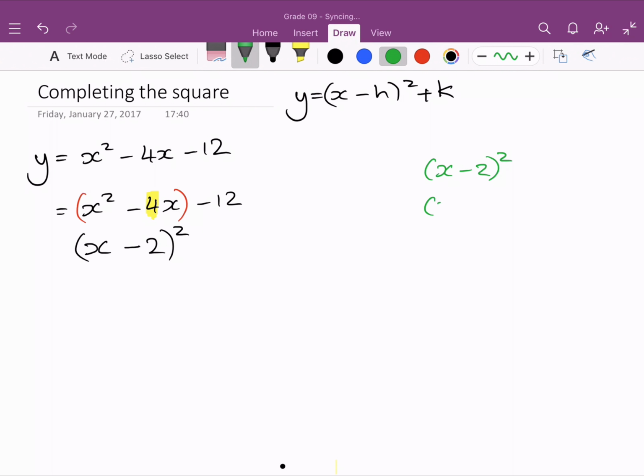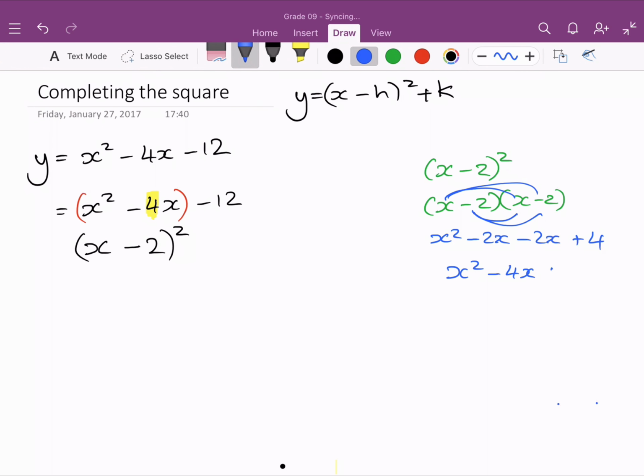Remember, we should always write down our x minus 2 twice, and then use FOIL. x times x is x squared, x times negative 2 is negative 2x, negative 2 times x is negative 2x, and negative 2 times negative 2 is plus 4. Tidied up, it gives me x squared minus 4x plus 4.